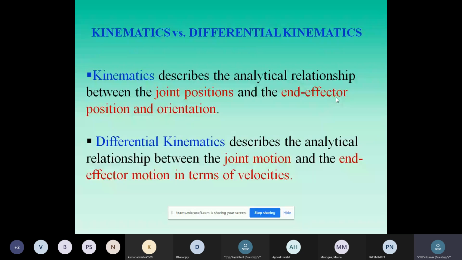End effector position is represented by x, y, z, where our manipulator end tip reaches. And differential kinematics describes the relationship between joint motion, q dot, theta dot, and end effector velocity: x dot, y dot, z dot.